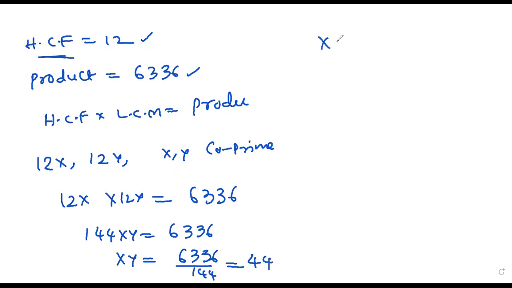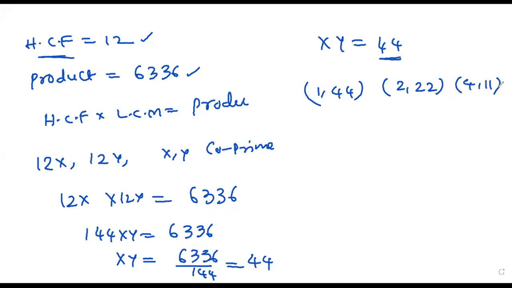That means x into y is equal to 44. How many pairs will give the product 44? 1 and 44, 2 and 22, and one more, 4 and 11.